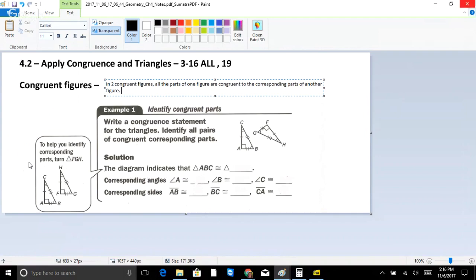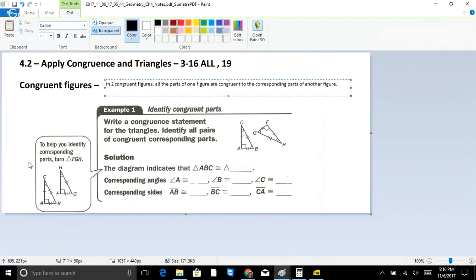Basically, we're going to focus on triangles and maybe have some quadrilaterals, but when we have these two triangles here and we say that they are congruent, that means that all of the sides are congruent to each other, as well as all of the angles, and the whole triangle is congruent to the other triangle.